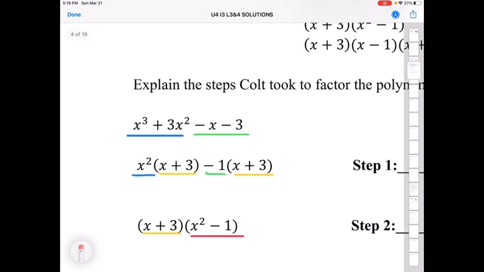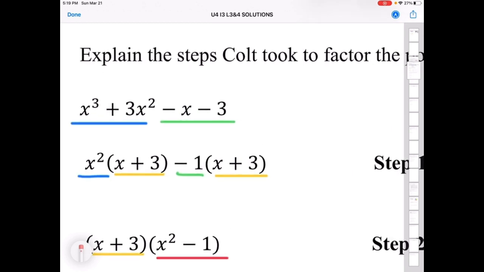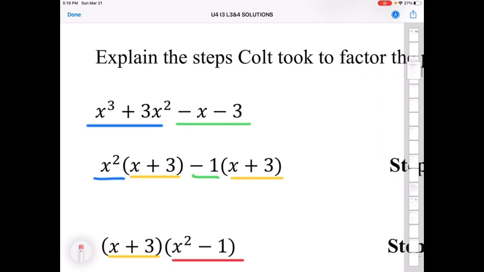If we look at these first two terms, we know we could factor out an x squared out of both of those terms. And if we distribute back in, x squared times x gives us that x to the third. x squared times 3 gives me that 3x squared. Now, in green, on the last two terms in this polynomial, we can factor out a negative 1.